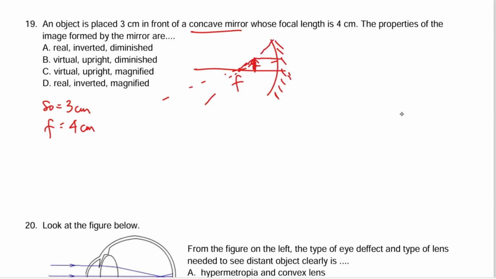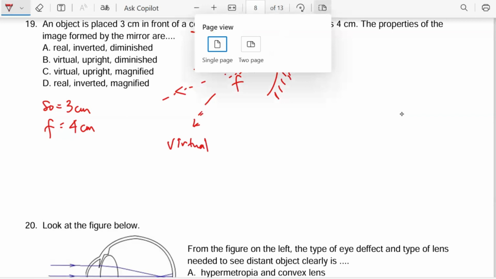You see that the reflected rays are not going to meet anywhere, so we're going to have a virtual image. You can sketch back because they do not meet here, so we extend the reflected rays to the back.